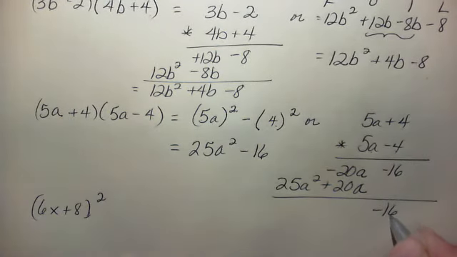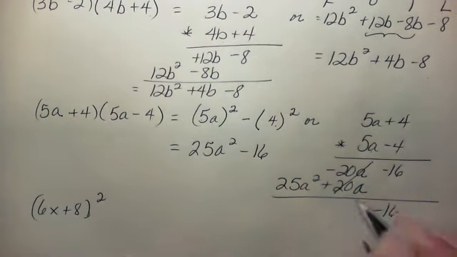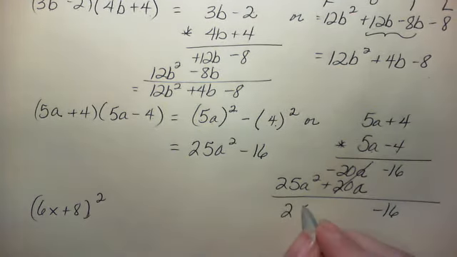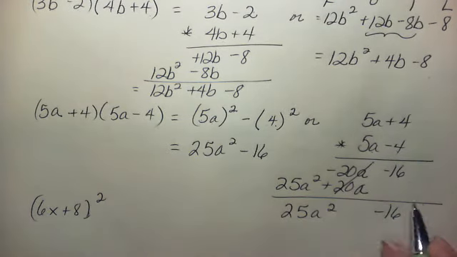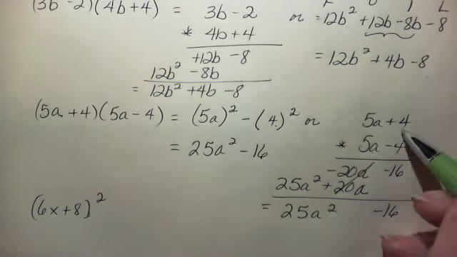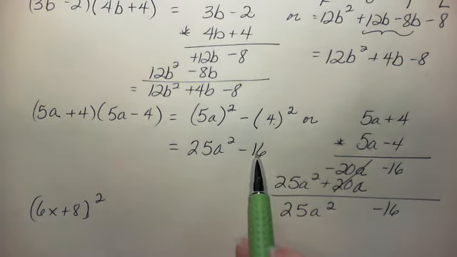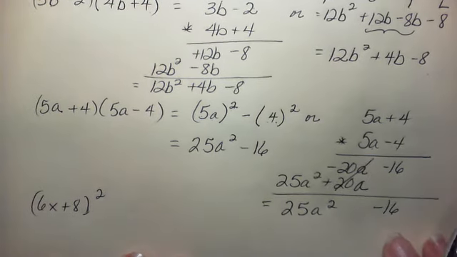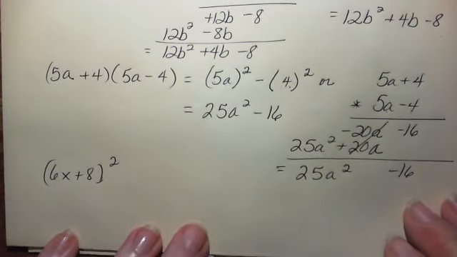Total your columns, negative 16. This column cancels for 0, adds for 0, and 25a squared comes down by itself. Notice whether you do your work this way or whether you remember the pattern, you get the same result, 25a squared minus 16.